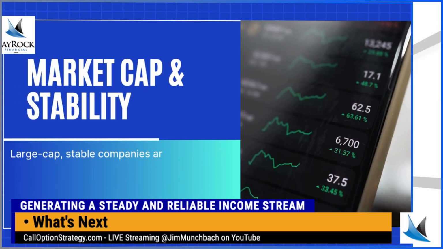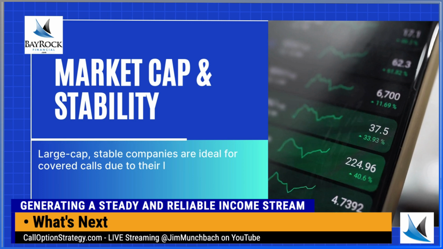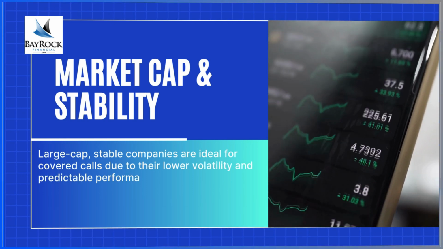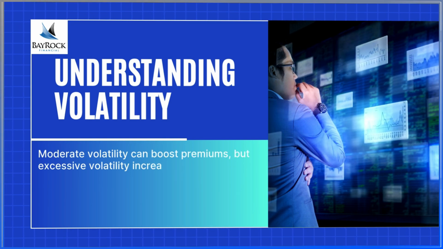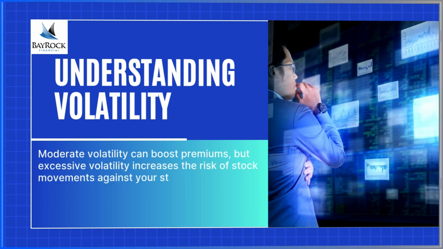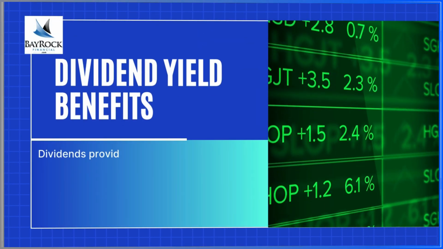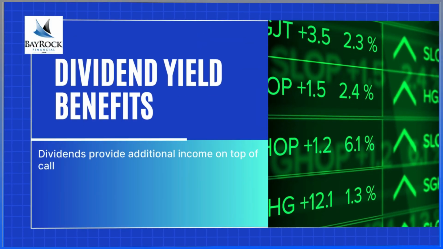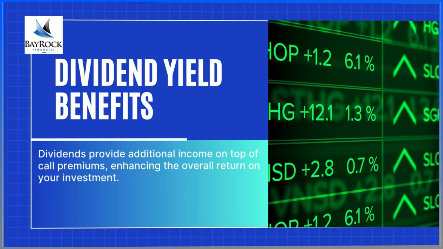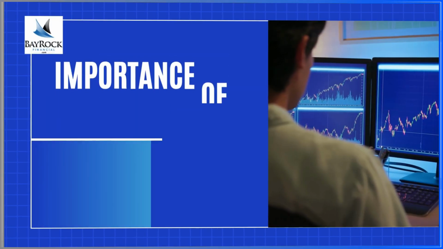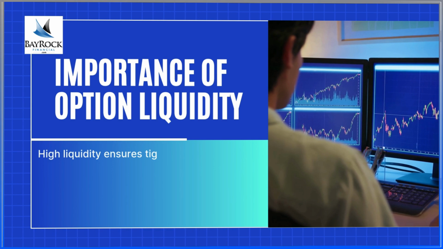I'm going to just go through these. So market cap and stability, we kind of covered that pretty well. Understanding volatility, mostly we covered that in the previous video. We could do more about that. Leave a comment if you want more information on volatility. Dividend yield benefits, obviously, hopefully you know that, a lot of our clients and our recommendations involve stocks that pay a good dividend.